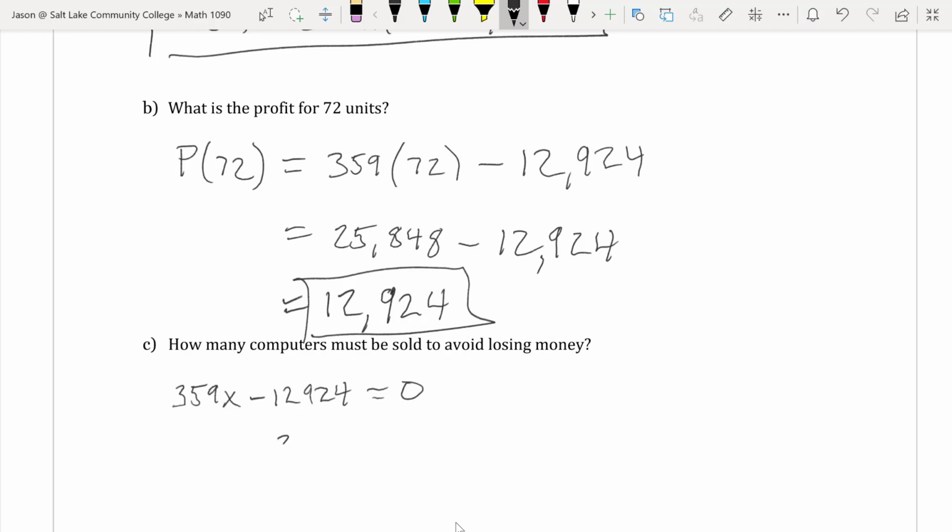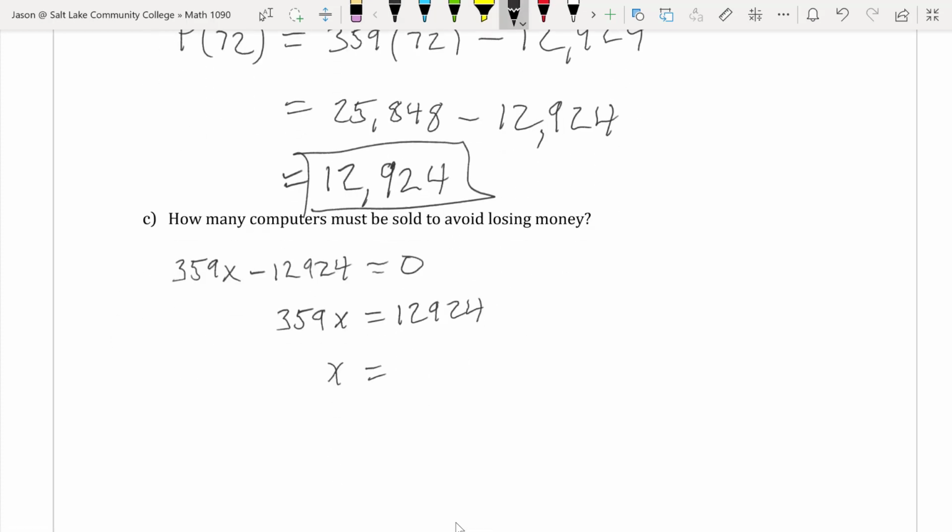So we need to solve 359x is equal to 12,924. So x is equal to 12,924 divided by 359.